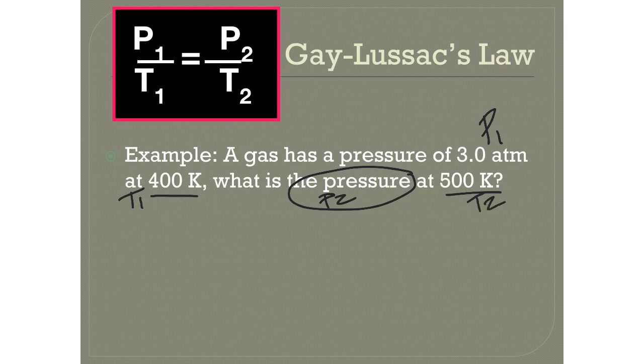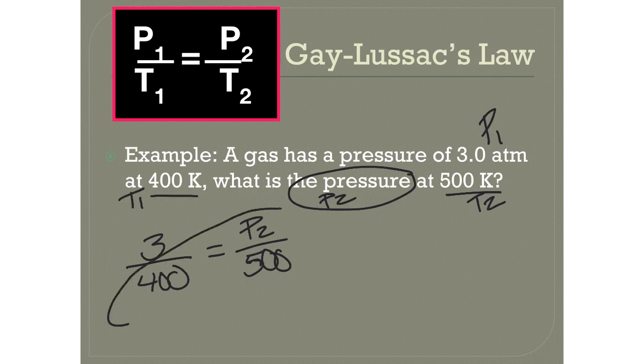So I'm going to go ahead and plug those into my equation. I've got 3 over 400 equals, and I don't know what P2 is, that's my X, over 500. Again, this is a cross multiply. P2 times 400 is going to be equal to 3 times 500.